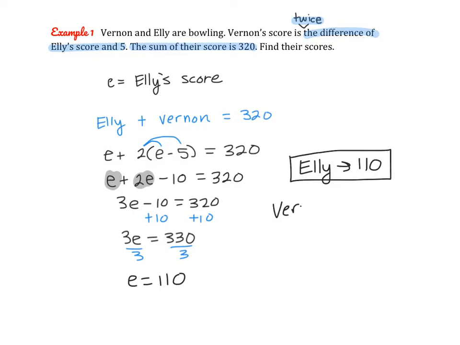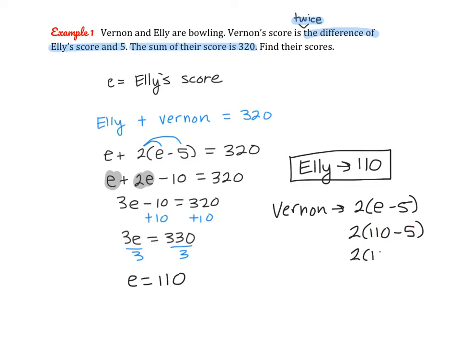So for Vernon, again we have to do 2 times E minus 5. That represents his score. So we do 2 times 110 minus 5. So remember, with order of operations, we always simplify inside parentheses first.